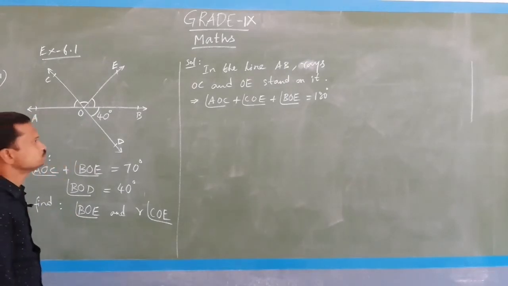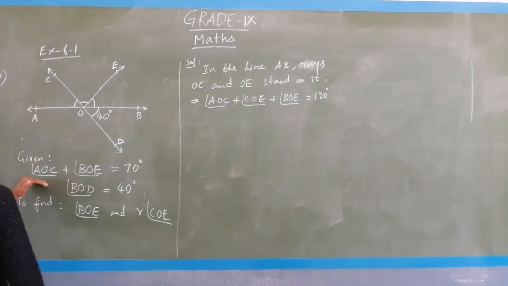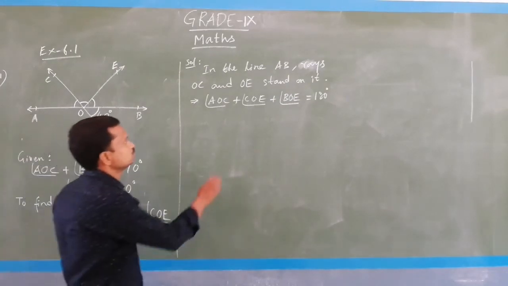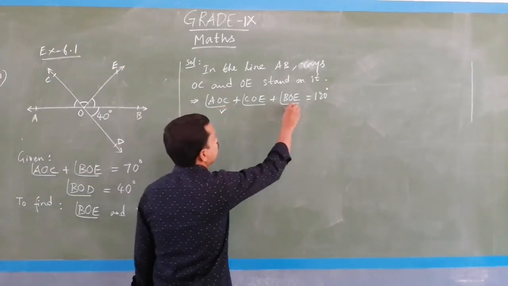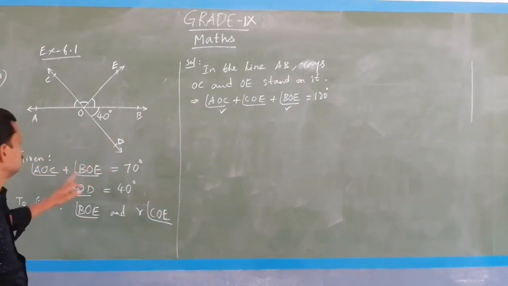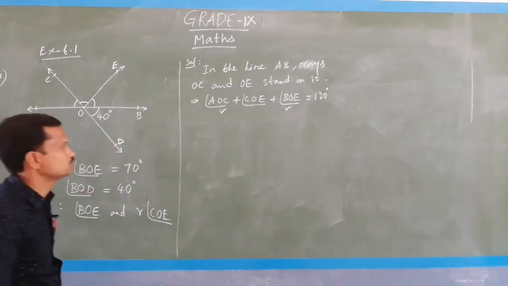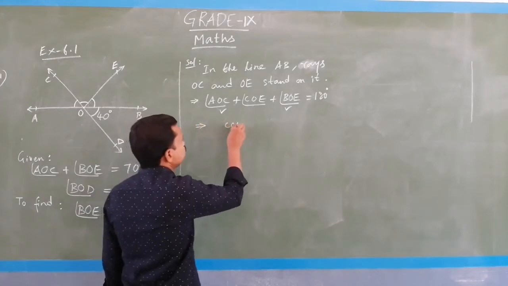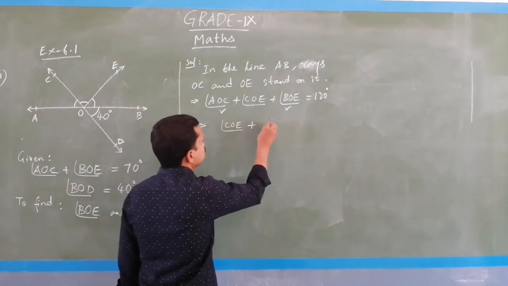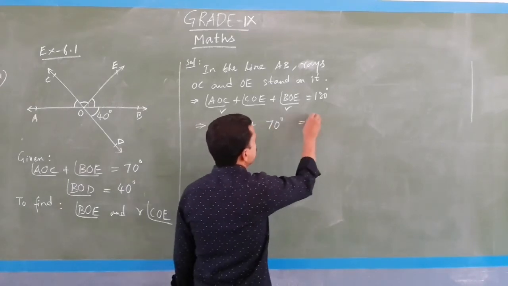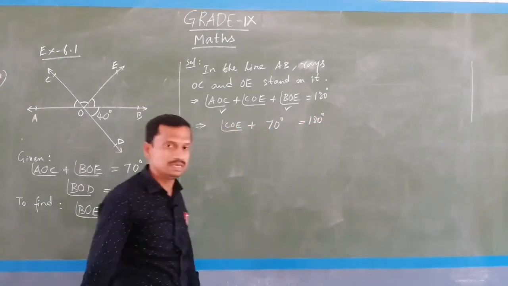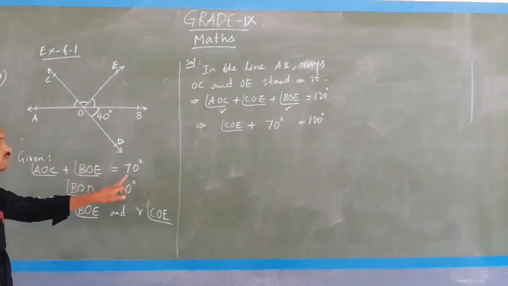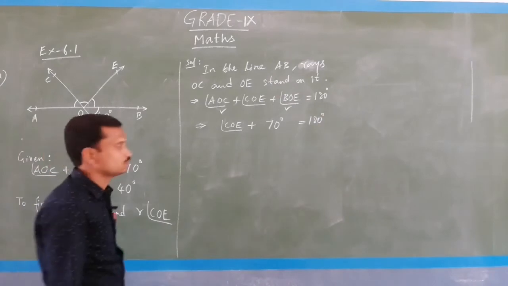And then look at the given part, AOC and BOE is 70. So, this one and this one, we can put 70 for that. So, this implies COE plus 70 degrees is equal to 180 degrees, because AOC plus BOE is given as 70 degrees. Clear?